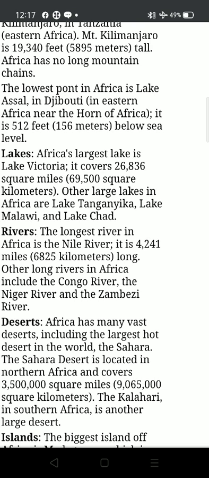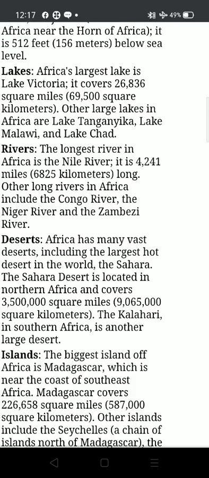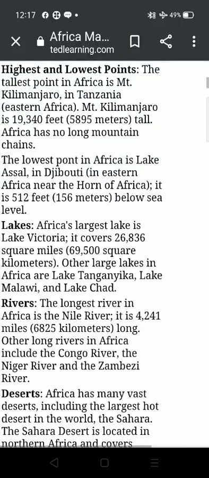From this lake many rivers take birth. The longest river in Africa is the Nile River. Other long rivers in Africa include the Congo River, Niger River, Zambezi River.